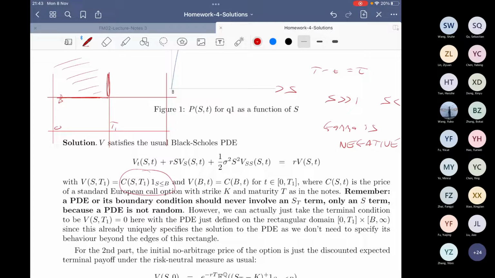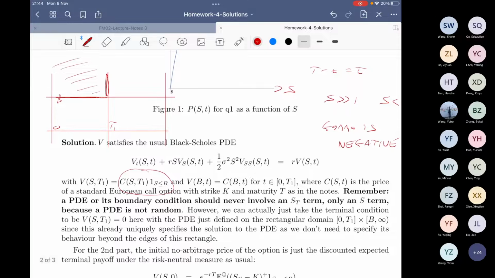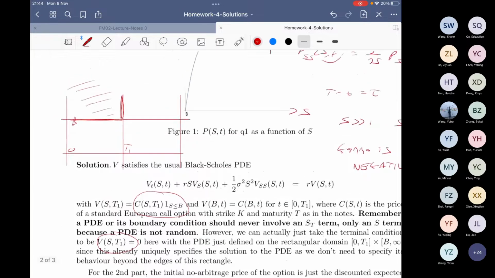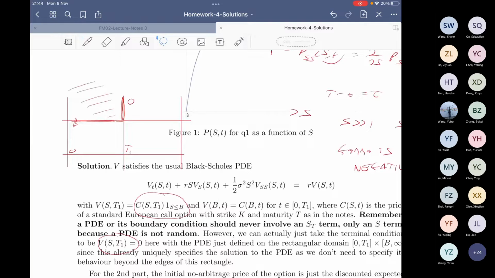So actually, I don't even need to specify the rest. I can essentially just say that V(S, T) is equal to 0, i.e. it's 0 along this line here, because what it's doing down here is irrelevant. Once you specify the behavior along there and along there, that's sufficient to uniquely determine the solution to the PDE.